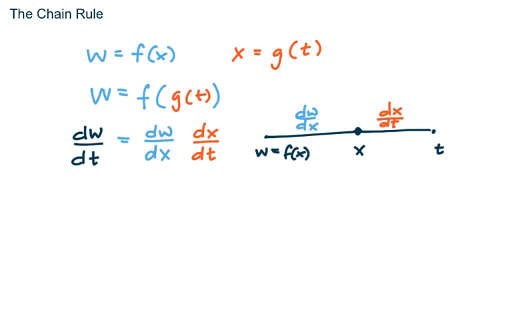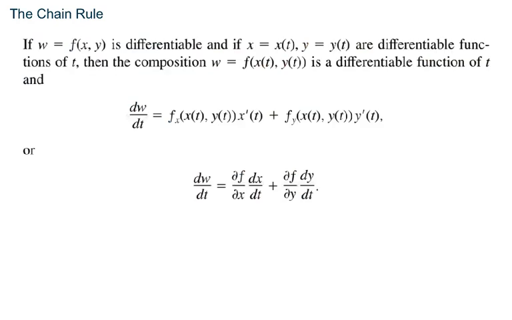So we're going to think about this definition as we develop and understand the definition for the chain rule in functions of several variables. So bringing that definition I originally had back on the screen in here, we've got w, a function of two variables, x and y. X is a function of t, y is a function of t. So if these are all differentiable, and we know that composition, x is x of t, y is y of t, the composition will also be differentiable.